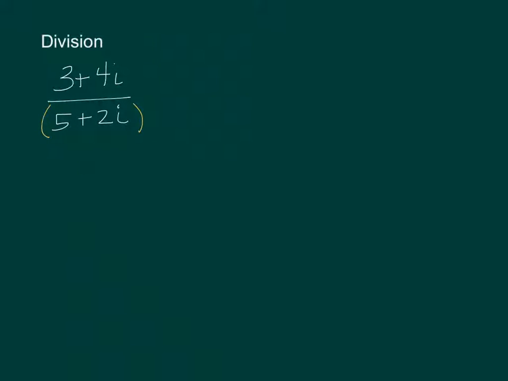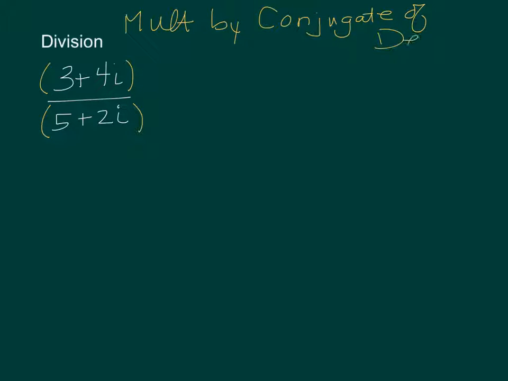So to divide two complex numbers like this, we are going to multiply by the conjugate of the denominator. Our denominator is 5 plus 2i, and its conjugate is 5 minus 2i. And of course, if I multiply on the bottom, I must also multiply on the top.